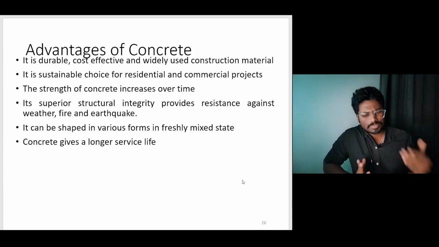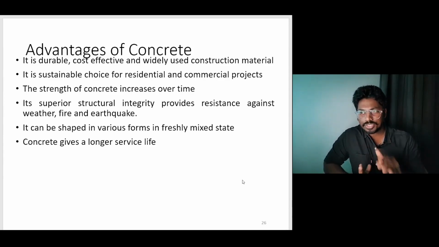But the durability aspect is also something to look at when it comes to concrete, and this can be seen at different levels in a much deeper context. But in general, these are the primary ways in which this building material is advantageous over others.